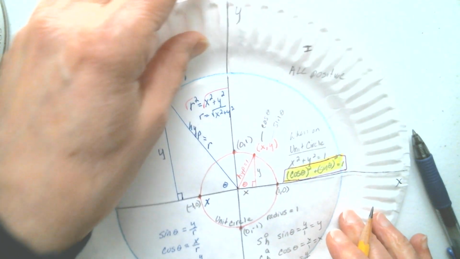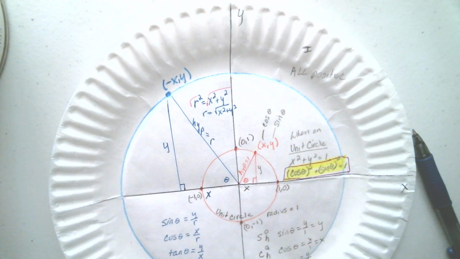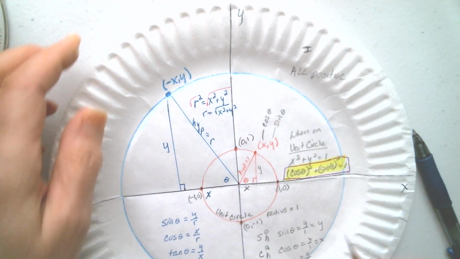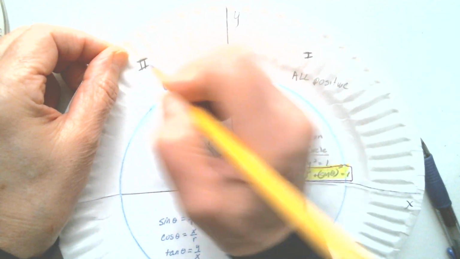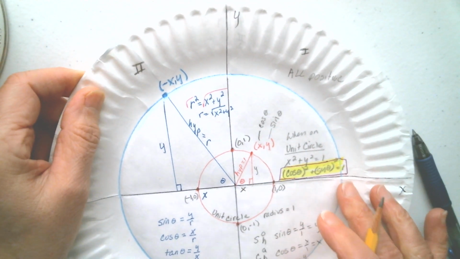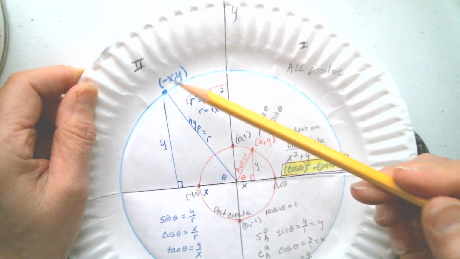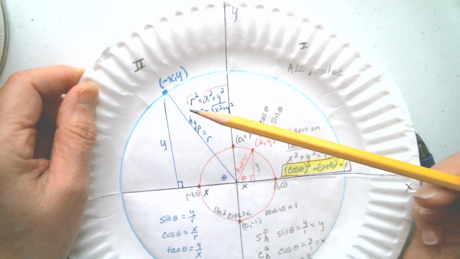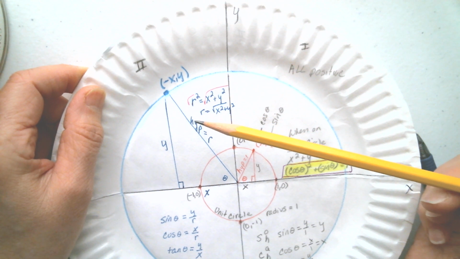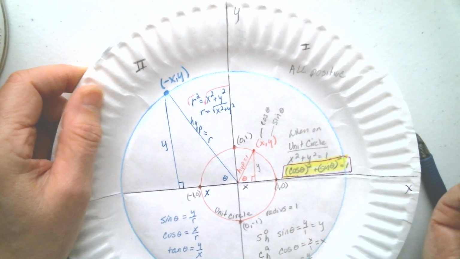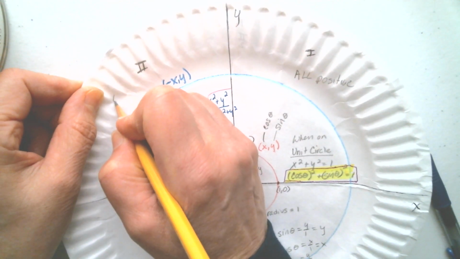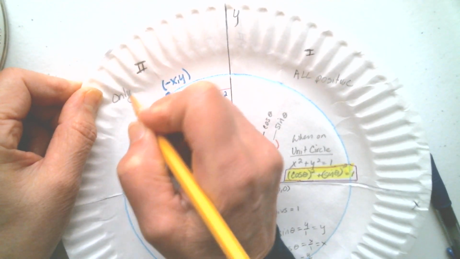They're all positive. In quadrant 2, well, our x's are negative, so meaning our cosine values are negative. Our y's are positive, so our sine values are positive. And in fact, only sine is positive.